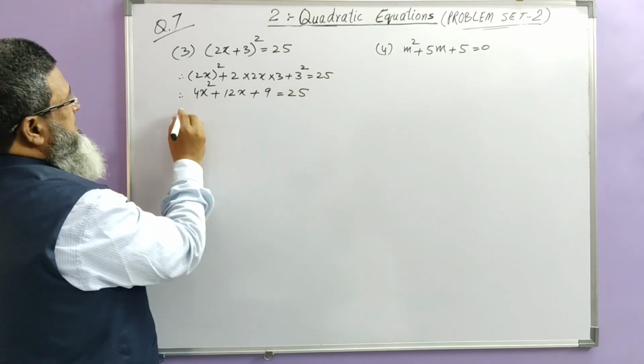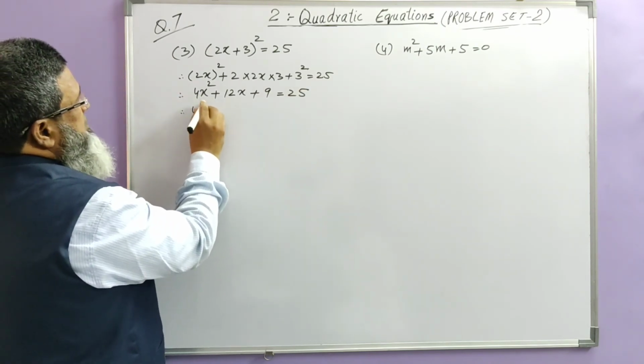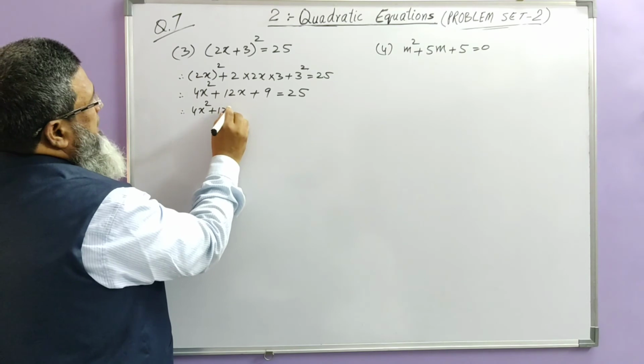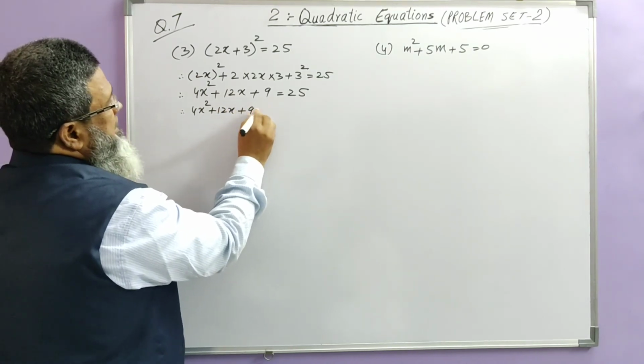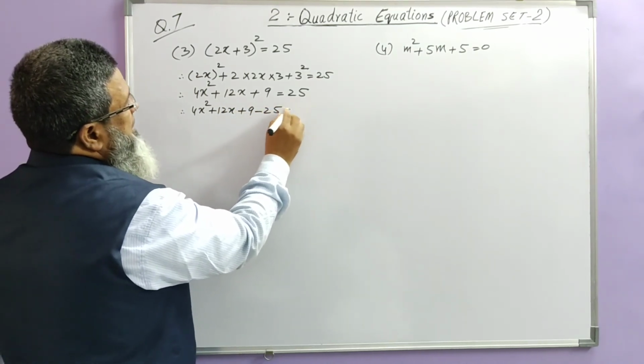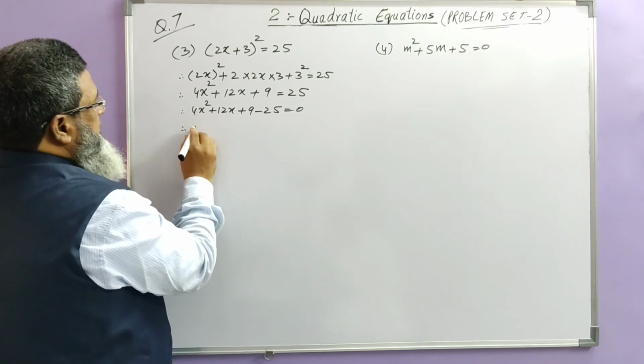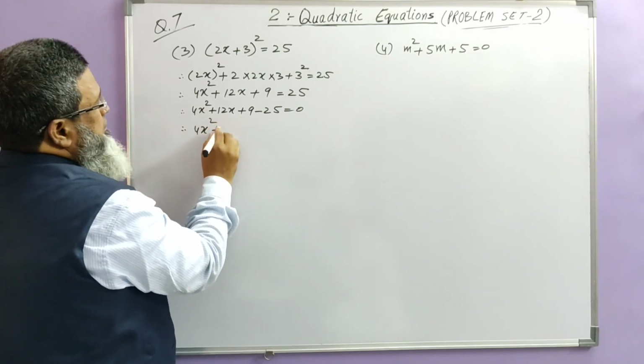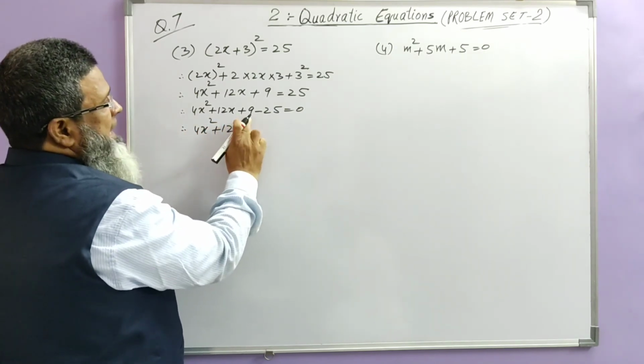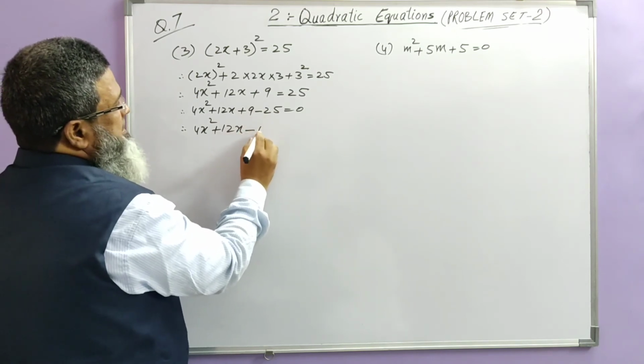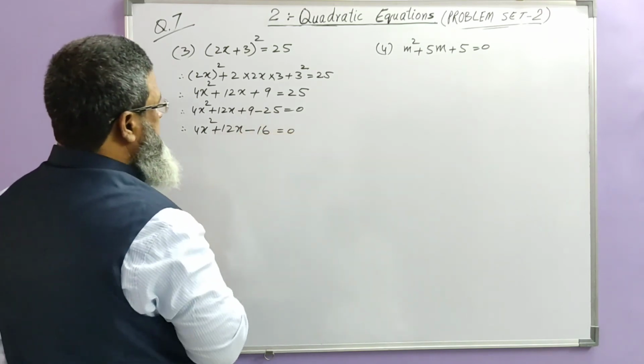Take the 25 to the left side, therefore 4x square plus 12x plus 9 minus 25 is equal to 0. Therefore 4x square plus 12x, 9 minus 25 is minus 16, is equal to 0.